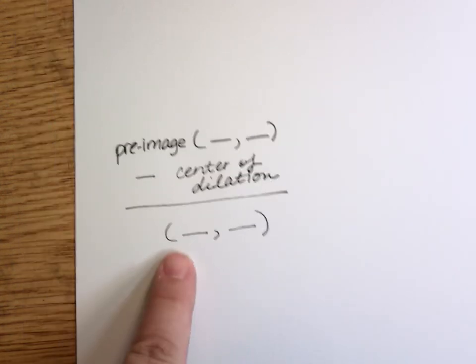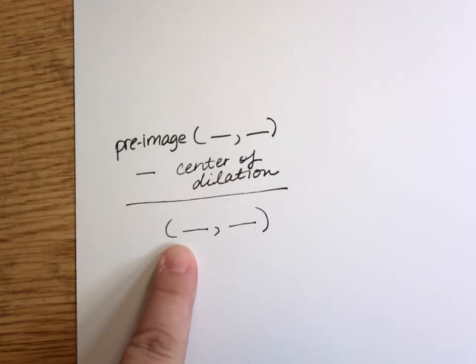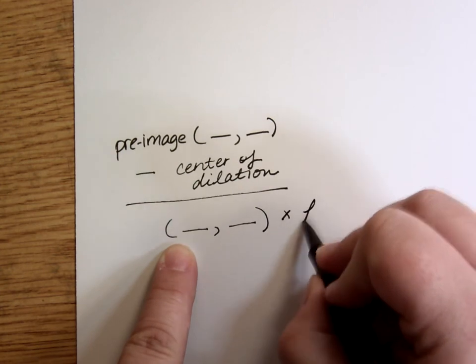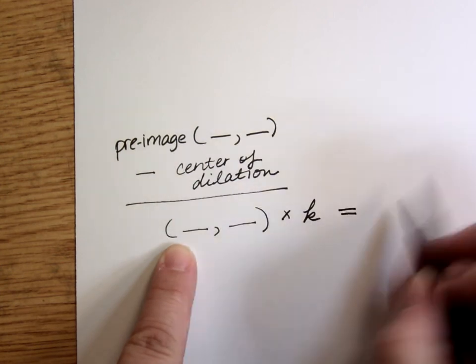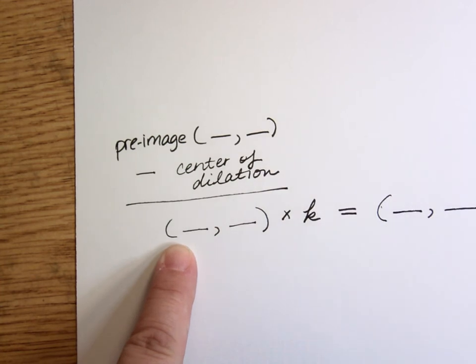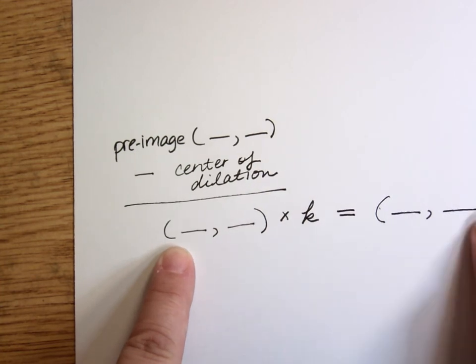That point is where the pre-image would be if everything was centered at the origin instead of where it really is. Then I'm going to multiply that times my scale factor and find out, if it were at the origin and I dilated it, where would it be?